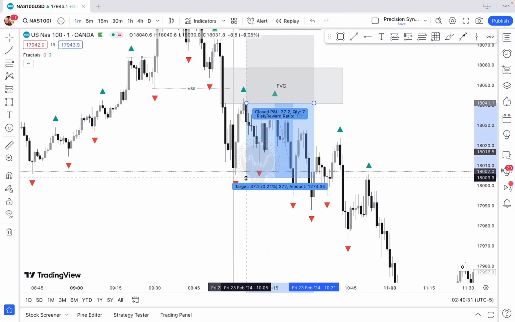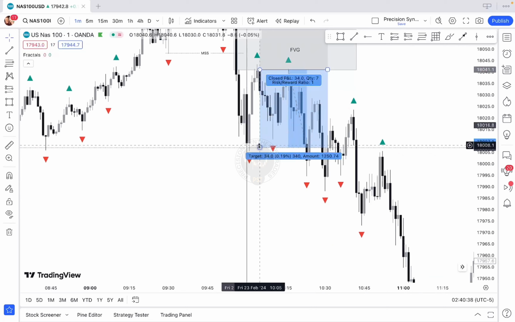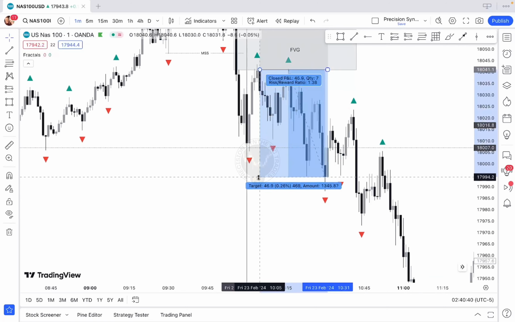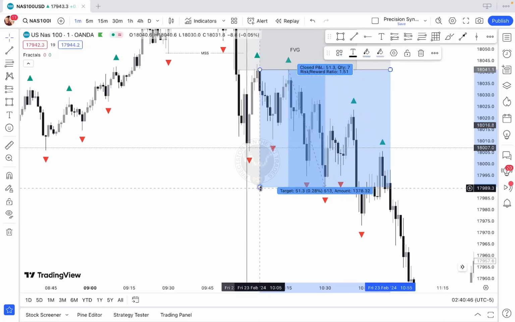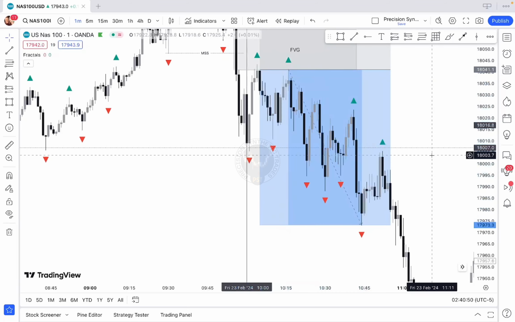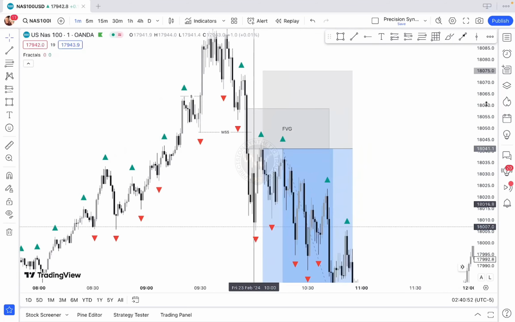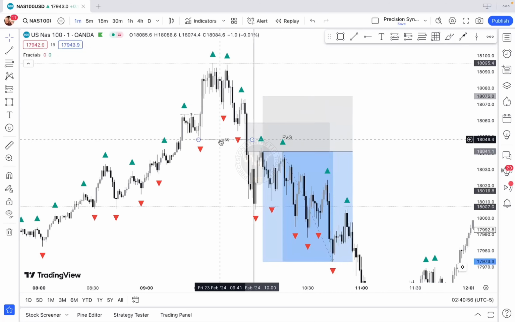Minimum target is 1-to-1. There I will put my stop loss to break even. And then you can target a 1.5, take some partials. And then also you can target a 1-to-2 and take some partials. Beautiful trade. By just following liquidity sweeps, market structure shift, look at the fractals.